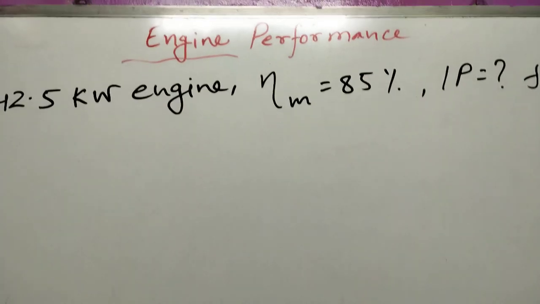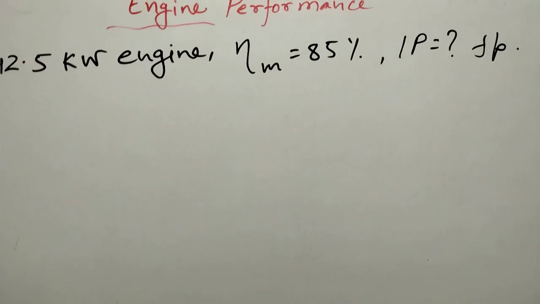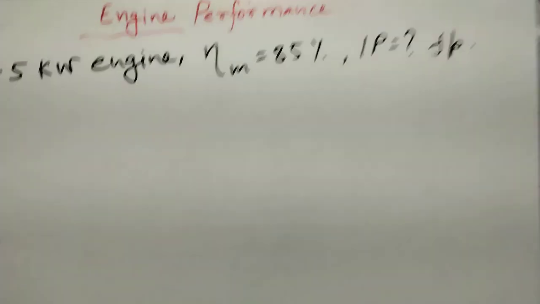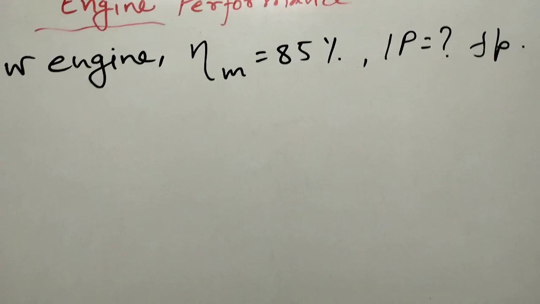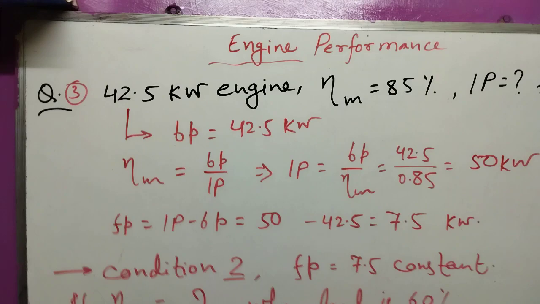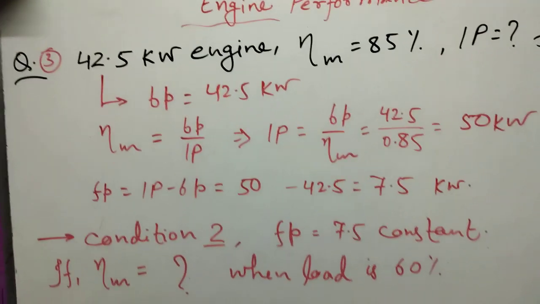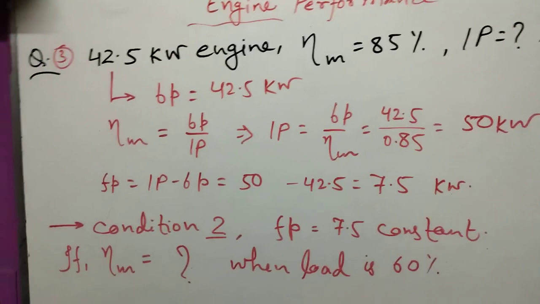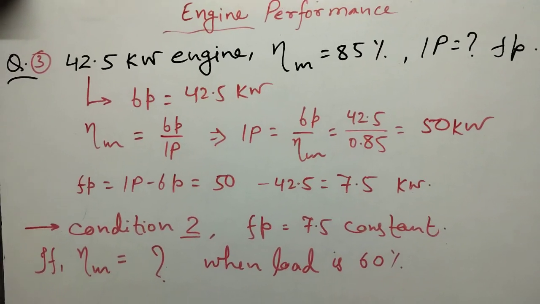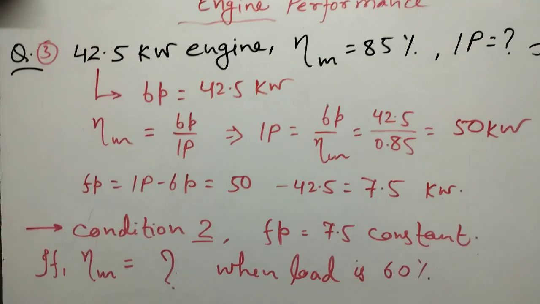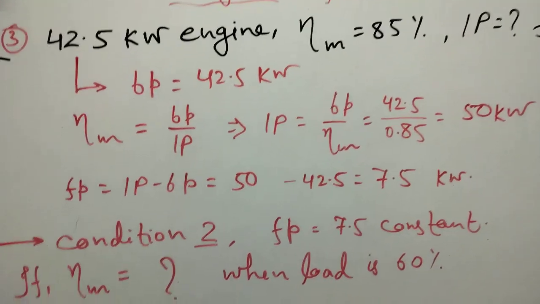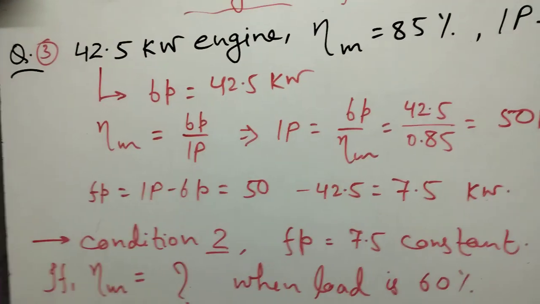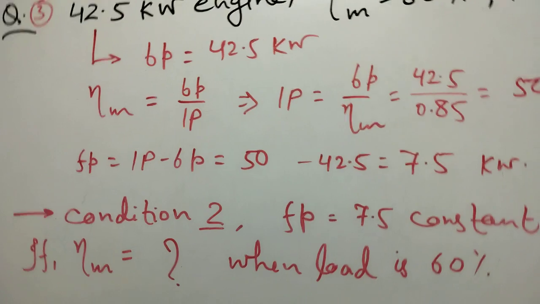Find out the indicated power and brake power. Engine load means the brake power of the engine, i.e. the load at which the engine can deliver. This value is 42.5 kilowatt, and we apply the mechanical efficiency.